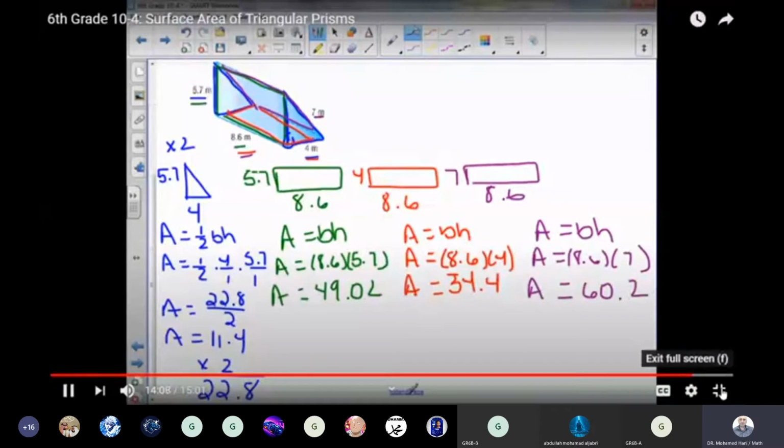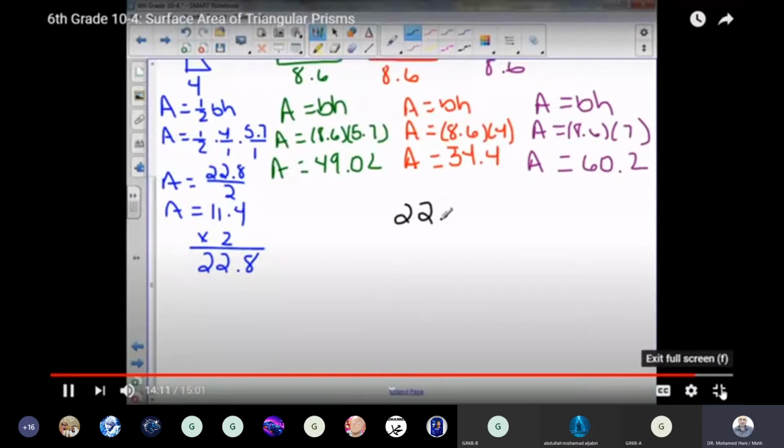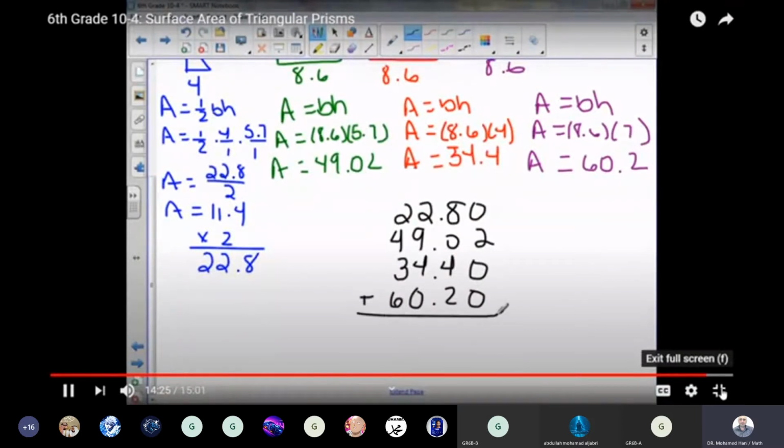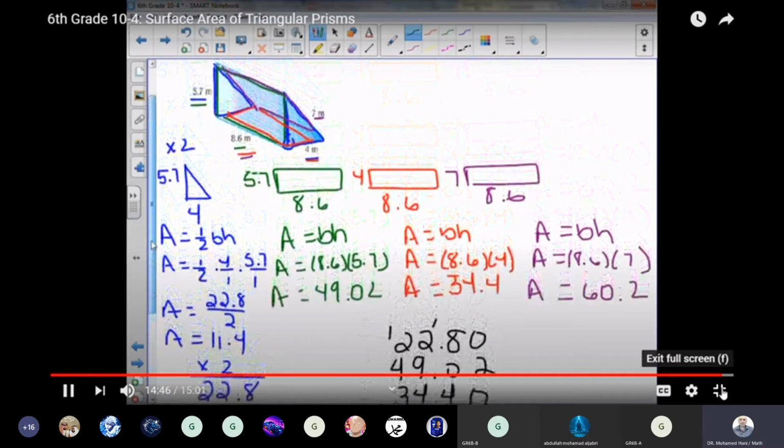Add all these amounts together: 22.8, 49.02, 34.4, and 60.2. 4, carry the 1. 10, 16, carry the 1. That would be 10, 16, 10, 13, 14, 15, 16. So our total area is 166.42, and it is in meters squared.